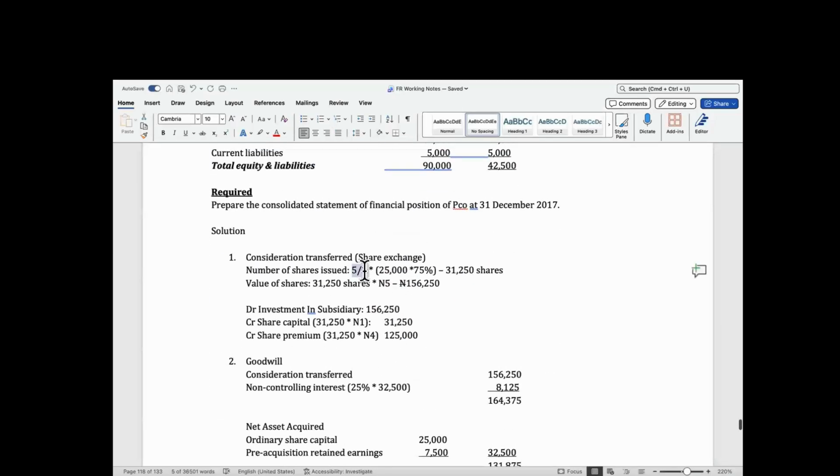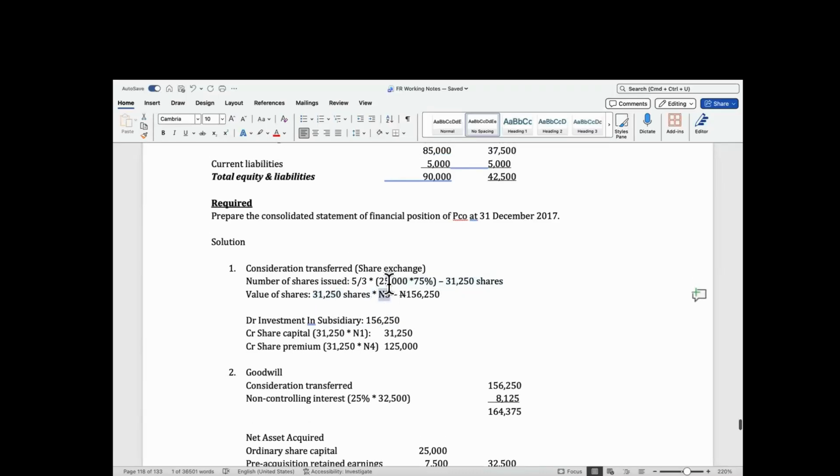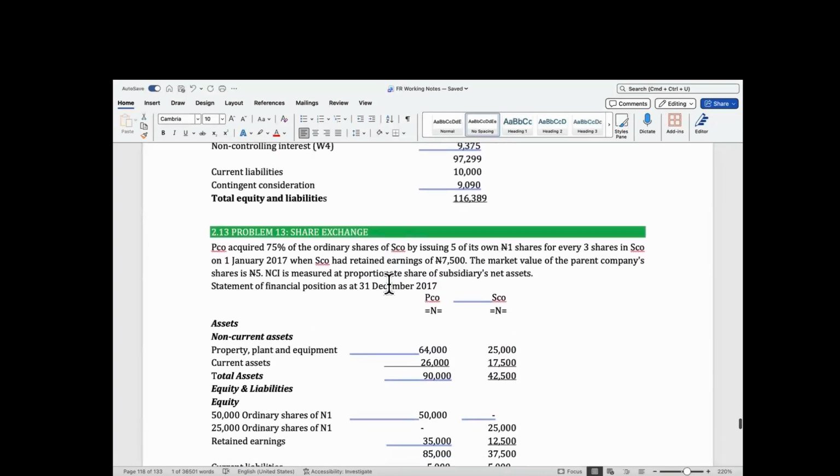So 5/3 times the number of shares he has acquired in ESCO, which is 75% of 25,000. If we do the mathematics, it's giving out 31,250 shares to ESCO. So to get the value of these shares, I multiply it by the share price of the parent.